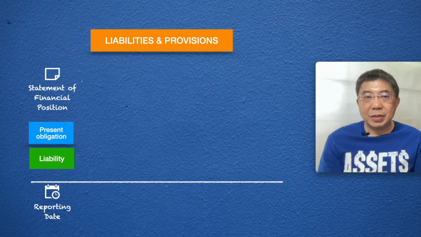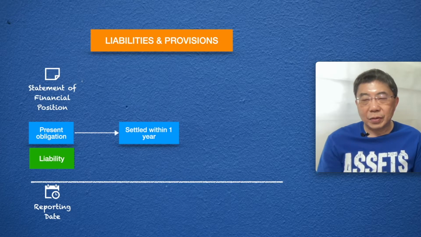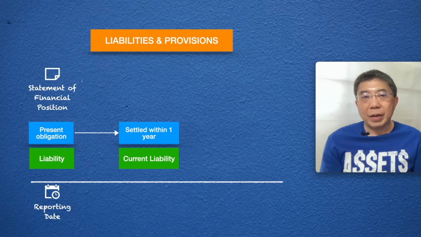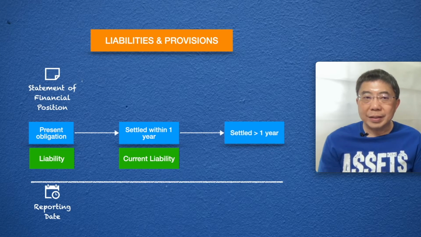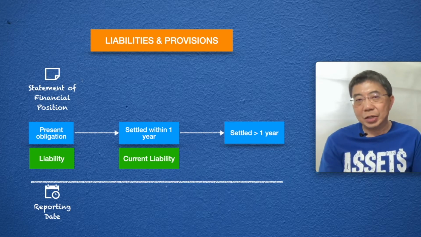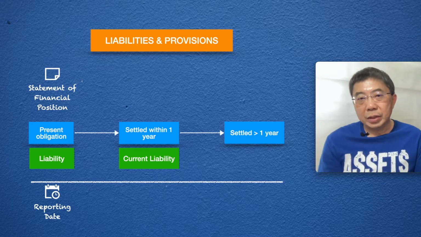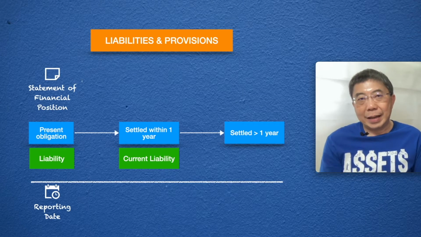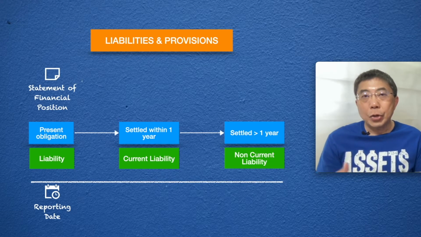If the business is required to transfer these economic resources within a 1 year period from the reporting date, then these liabilities are classified as current liabilities. If, however, the present obligation requires the business to transfer economic resources beyond a 1 year period from the reporting date, then these liabilities are classified as non-current liabilities.